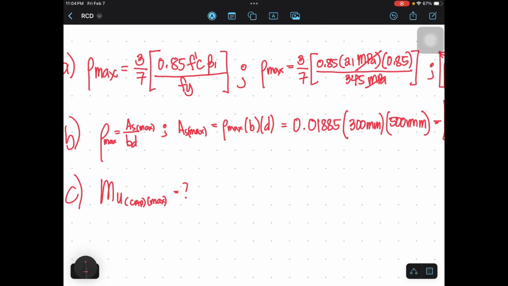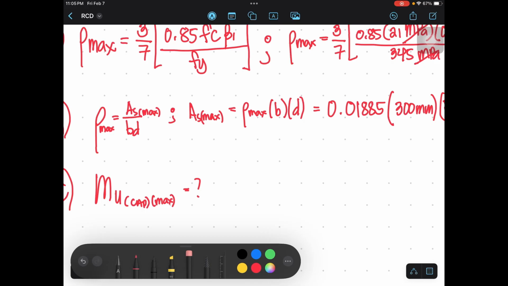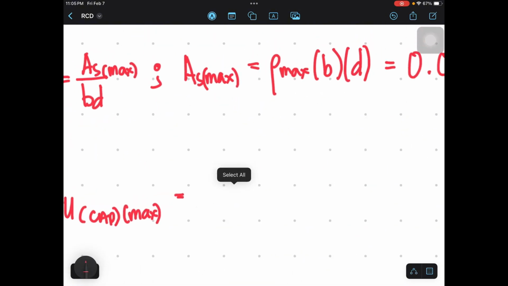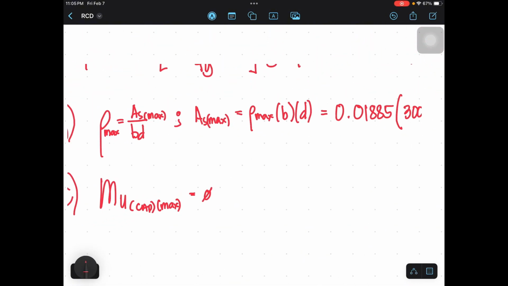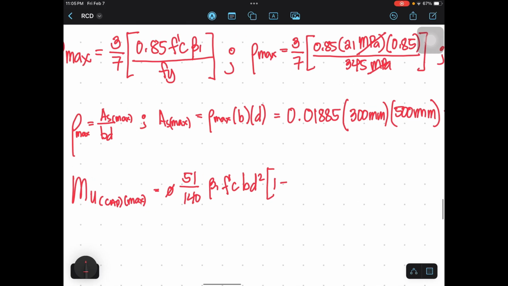Okay, so for the ultimate moment capacity under maximum condition, we have an equation of reduction factor multiplied by 51 over 140 beta 1 f'c bd squared quantity 1 minus 3 over 14 of the beta 1.